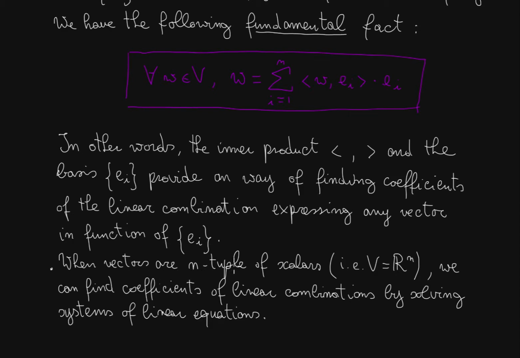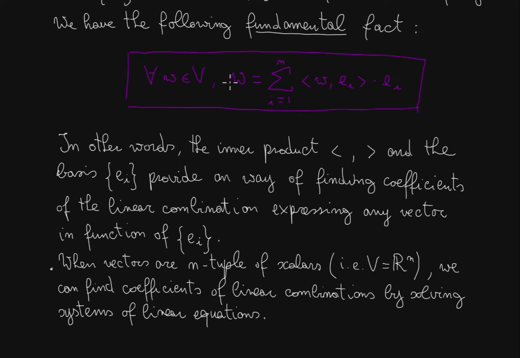When vectors are n-tuples of scalars, that means that V is, for example, the n-dimensional Euclidean space where n is any positive integer, we can find the coefficients of the linear combination by solving systems of linear equations. This is how we did it so far in this course.